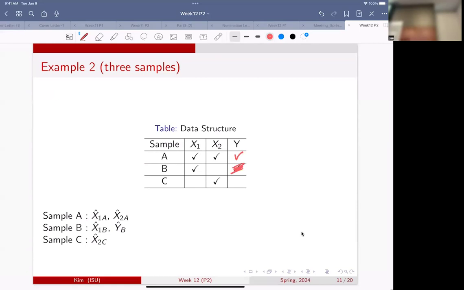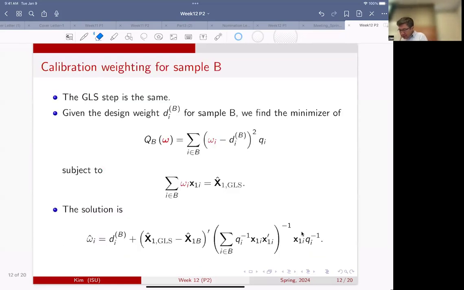But now this example is a little bit more tricky because we have this one. Then even though I have information here, I cannot really use it. So what should we do?